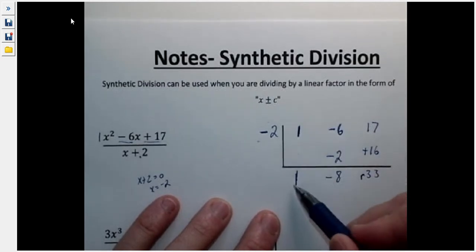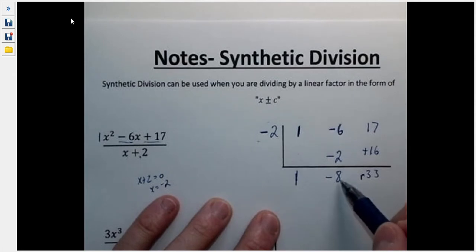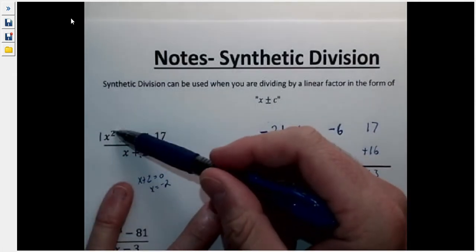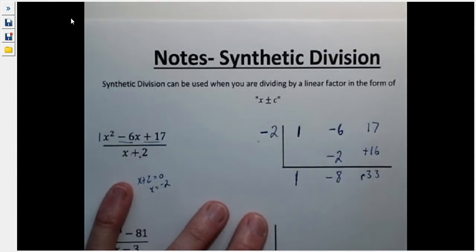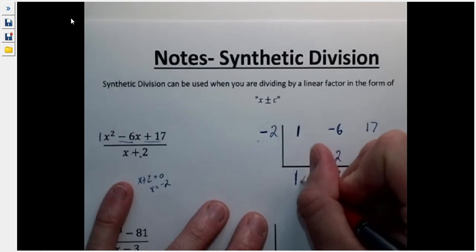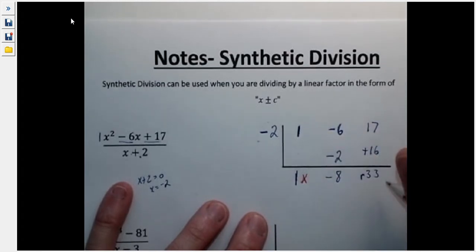So this represents our division, and this is our remainder. Since we were taking a squared term and dividing it by x, this term here is going to be our x term, and then this is going to have no x's in it.